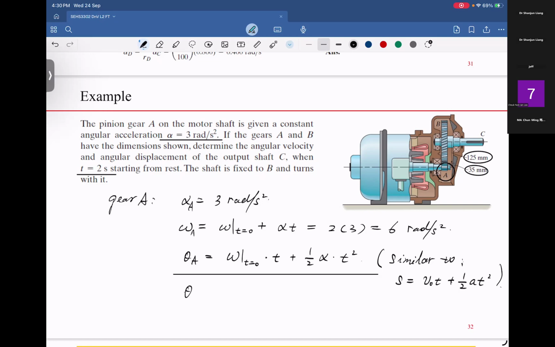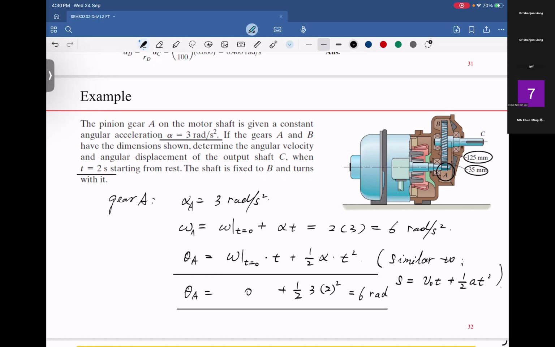So theta A: omega 0 is 0, so it should be 0 plus half a t squared. a is 3, and t is 2, squared, which gives 6 radians. Okay, this is theta A.